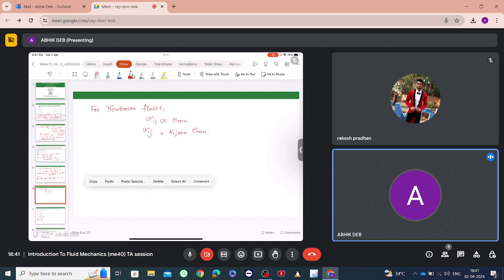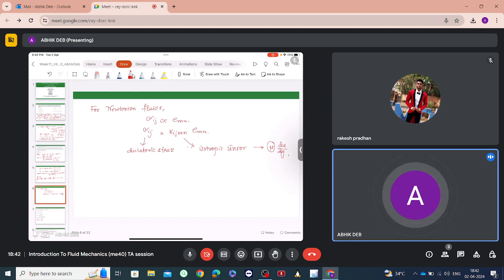This is the deviatoric stress component, and this is the isotropic tensor, which becomes mu when we consider Newton's law of viscosity.